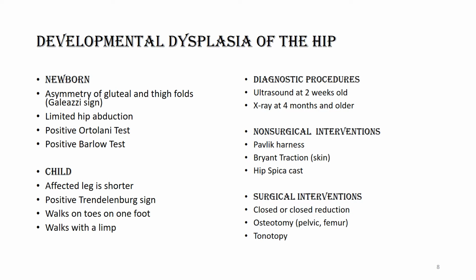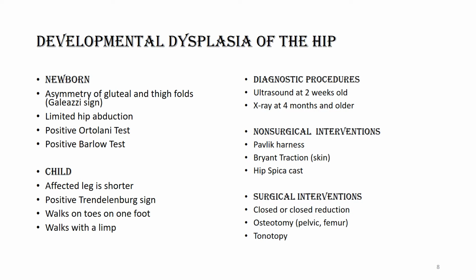For an older child, you'll note that one of the legs is shorter than the other. The child will walk with a limp, or with one foot, they'll walk on their toes. We'll do a Trendelenburg test, where we'll have the child stand straight and then pull up one knee, like flex up one knee.